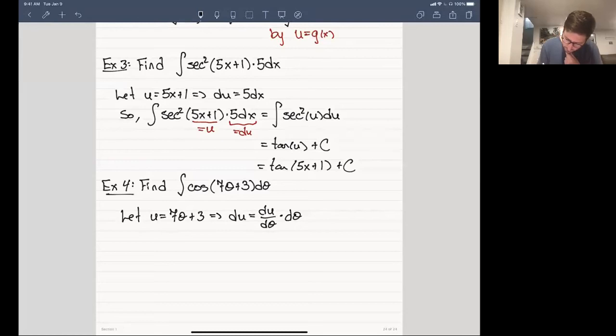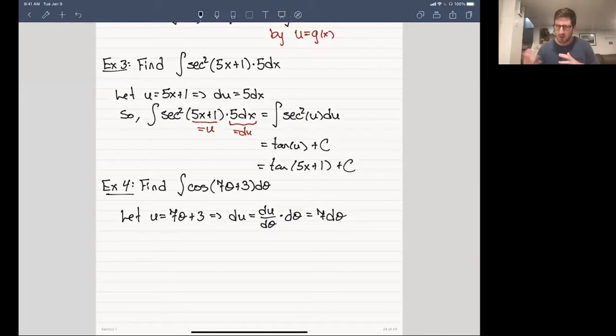Okay, so what do we have here? We have 7 d theta. Okay, so now we have a problem, right? It's the same problem that we had with the second example. We don't have that 7 floating through, but no fear, right? We know how to do it. We can multiply and divide by 7, and we can easily do this substitution. Let me show you a little shortcut though, right?